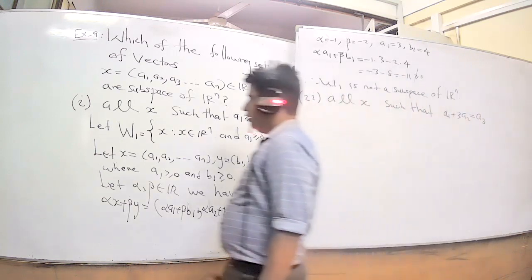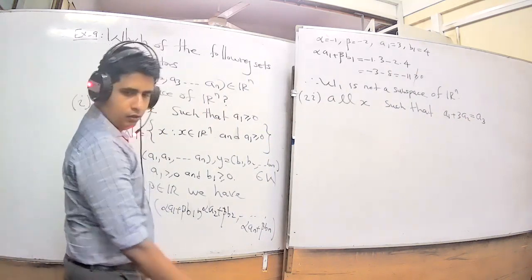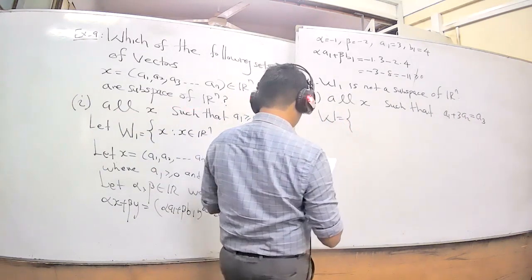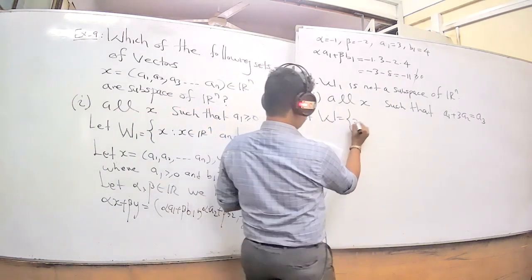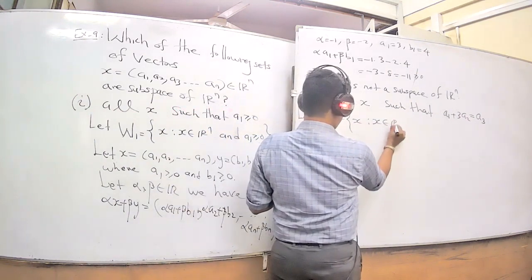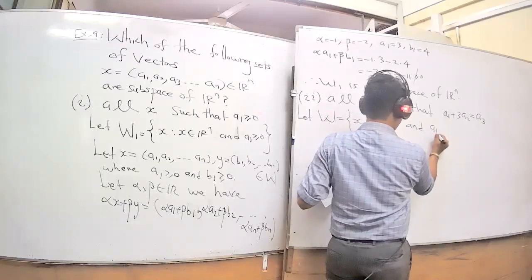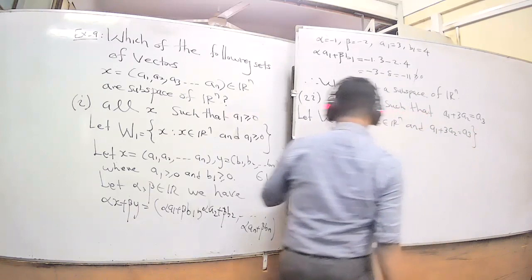You can do it like the first part. Take W as the set of x belonging to Rn satisfying the condition a1 + 3a2 = a3.